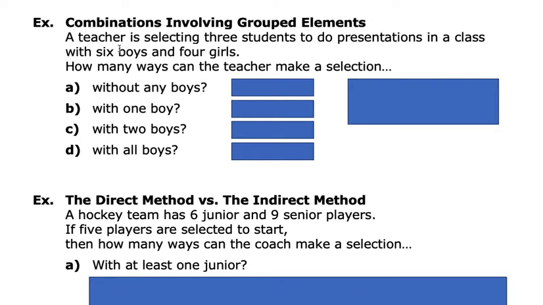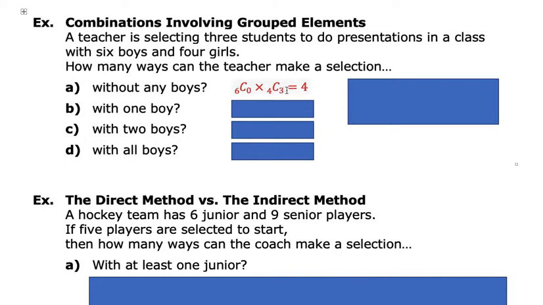If 0 boys are being selected out of the 6, and out of the 4 girls we are selecting 3, we can think of this as the following product. 6 choose 0, because out of the 6 boys, we're choosing 0 of them, is equal to 1 on your calculator. Some people choose not to write this step.